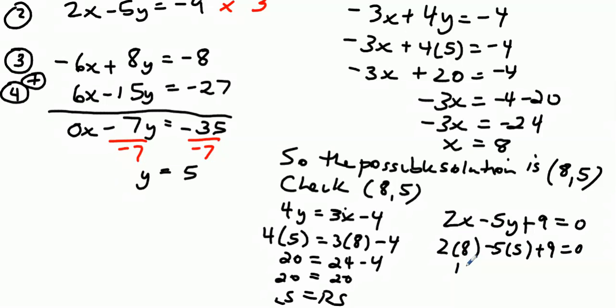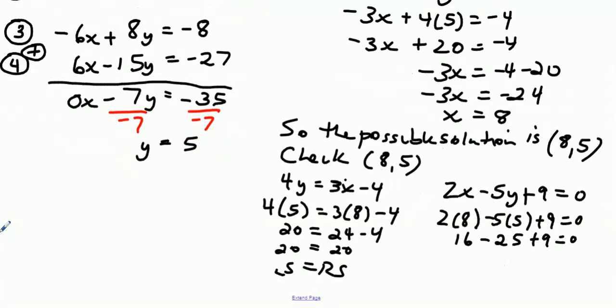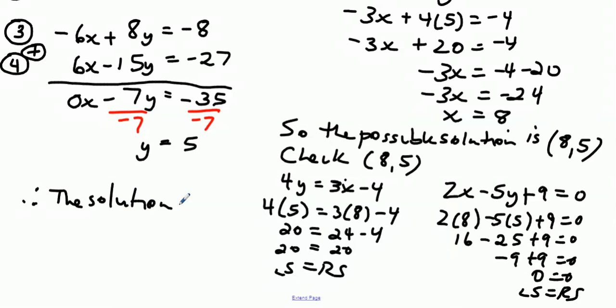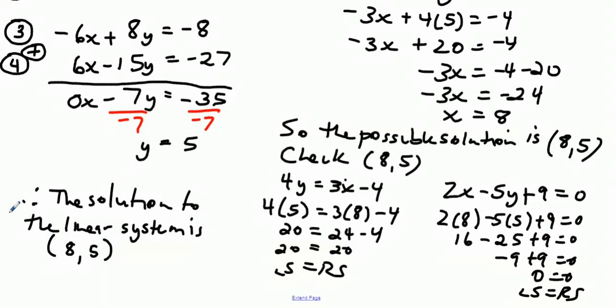So this is 16 minus 25 plus 9 equals 0. 16 minus 25 is minus 9, and minus 9 plus 9, of course, is equal to 0. All right, so therefore, the solution to the linear system is 8, 5.